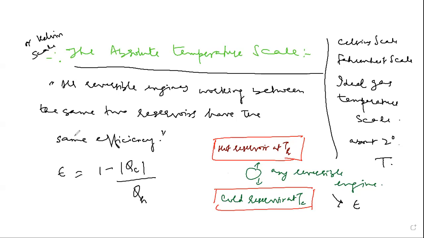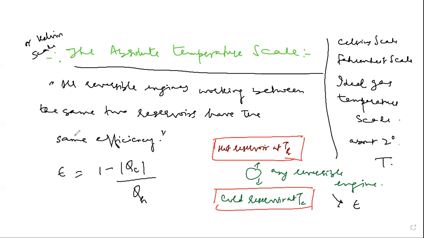Remember the Carnot cycle, in which we have two isothermal processes. One is isothermal expansion and the second is isothermal compression. Heat absorption takes place in isothermal expansion and heat rejection takes place in isothermal compression, and the temperature of the system changes during adiabatic processes.